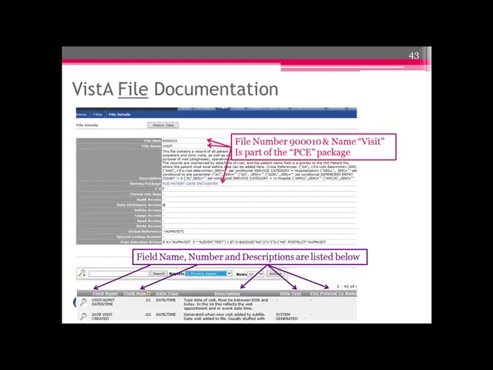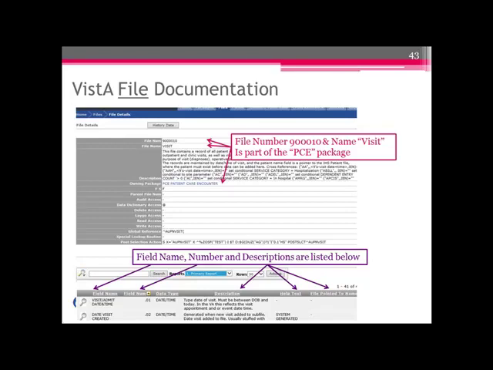So on the very far left, you can see the field name, field number comes after that, the description of that field, help text, which is what people in CPRS see when they're entering information that will eventually be stored in this place in Vista, and then the file that it points to, because sometimes it will point to another file to go get information out of that file.